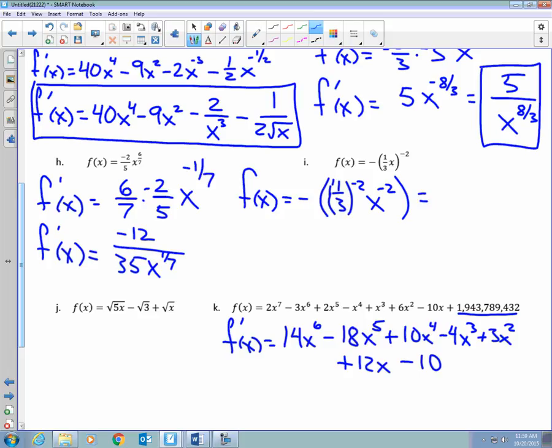What is 1/3 to the negative 2? What's 1/3 to the negative 1? 3. Then square it, you get 9. So you have a negative out front, so it's a negative 9. You have x to the negative 2.